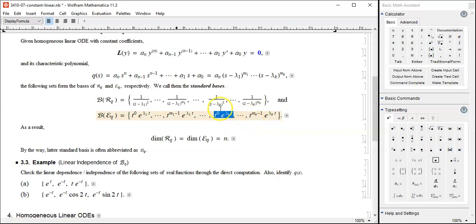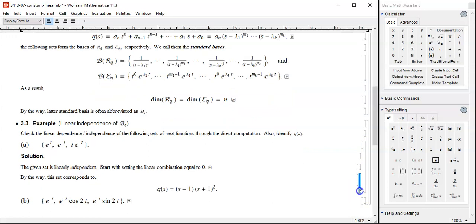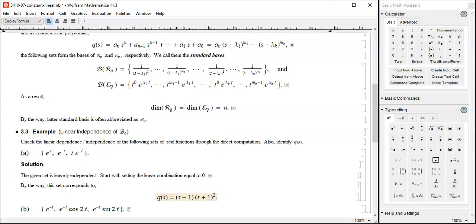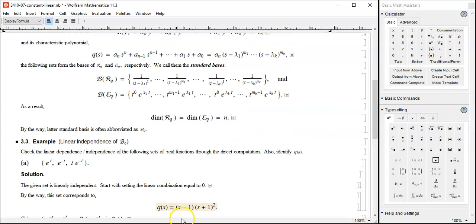In short, this is going to be your characteristic polynomial. So lambda 1 is 1, lambda 2 is -1, and -1 has multiplicity 2, so we have 2 of those. 0 power, 1 power.